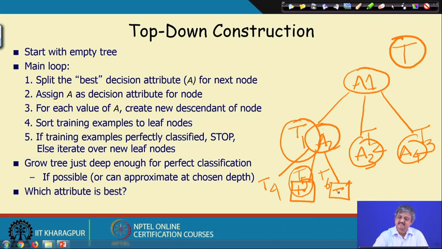Say they are minus class, I make it like this. Otherwise, I keep on splitting till all the examples in the leaf nodes belong to a single class. So, I grow the tree and then I stop.